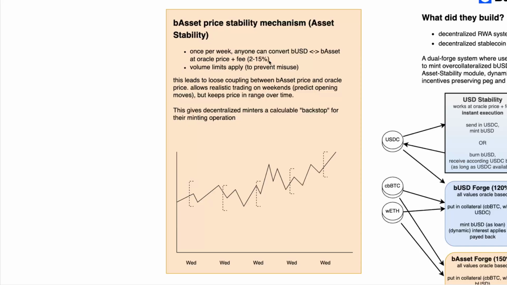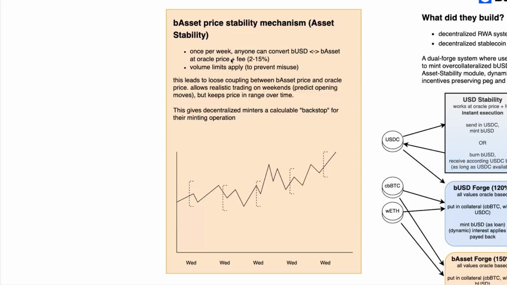The fee depends on the type of the asset. So low volatility assets have a 2% fee, medium volatility assets like an SPY or something have a 5% fee, and high volatility assets like tech stocks or anything might have a 15% fee. I hope they will go down with the fee once everything is smooth, but that's what the white paper says. And they have volume limits and everything.